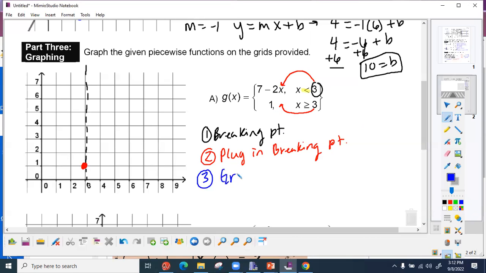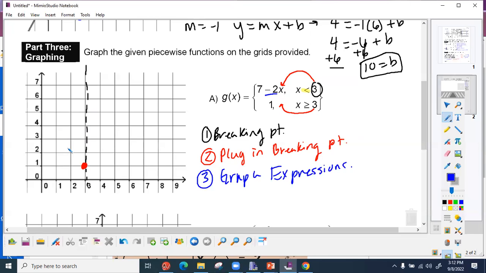Step 3 is to complete the graph. So you're going to graph your expressions. How do you graph a linear equation? You use the slope, right? And what is the slope of our linear equation? -2, not x, just the -2. So for -2, I'm going to go up 2 and go left.